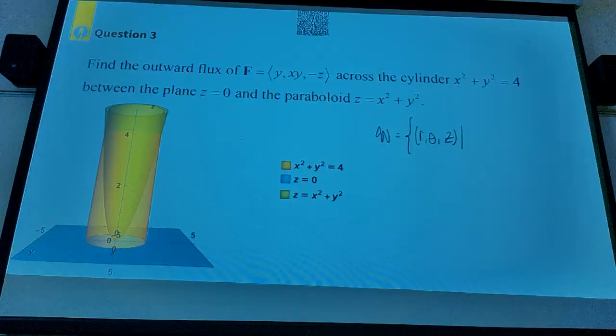We're going to be using cylindrical coordinates. What is the solid it is enclosing? r is going to go 0 to 2, right?